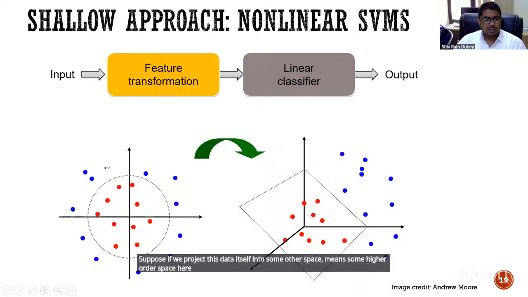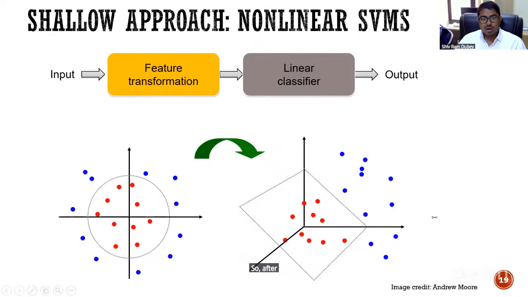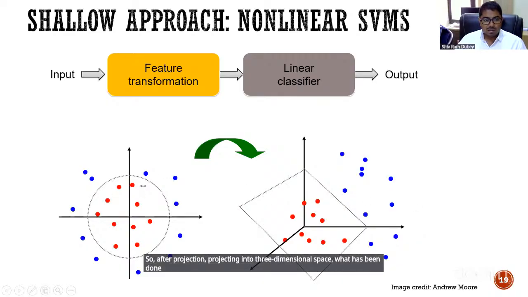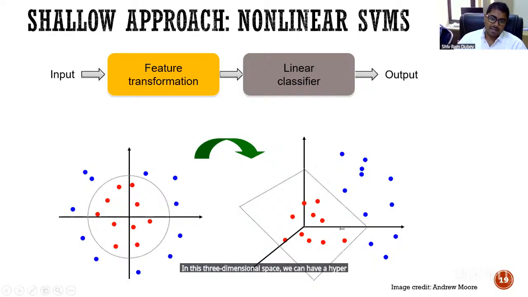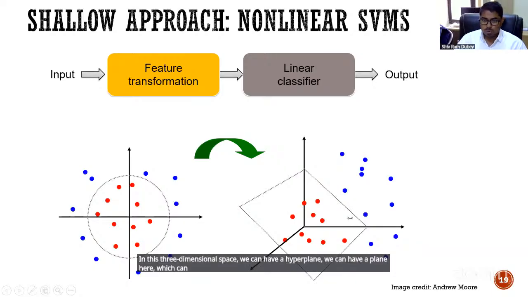For example, this original data was represented in two-dimensional space, but if we project it into three-dimensional space, all the red ones go towards the downside and the blue ones are at the upside, by making use of one additional dimension. And now in this three-dimensional space, we can have a plane which can clearly separate these two distributions. So this is basically the shallow approach. But what is the disadvantage of the shallow approach? The disadvantage is that we don't know what this transformation function should be.